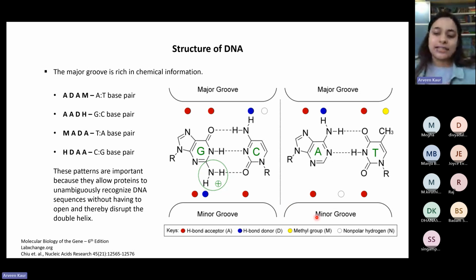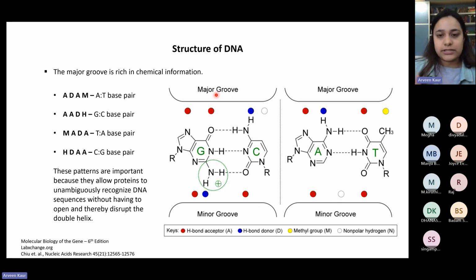And since these signatures are palindromic, that is, they are the same when read from the forward and the backward, we will not be able to understand which one is the correct direction. That is why we say that minor groove is not as rich in chemical information as major groove. So I hope this concept was clear.